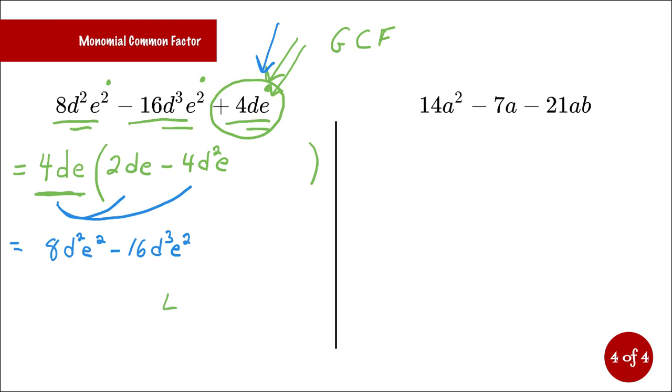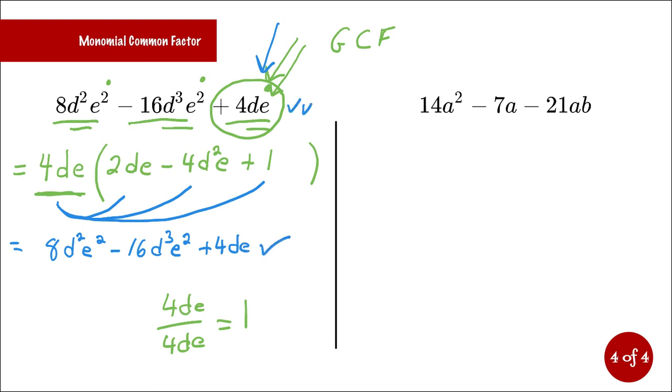So you know that 4DE divided by 4DE will be 1, because anything divided by itself is 1. So now if you put in a plus 1 as your third term, when you multiply back out, you will get back to the original. So now the check equals the original, and you have common factored.